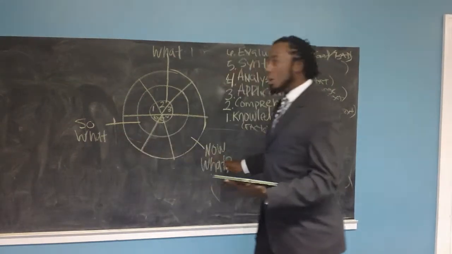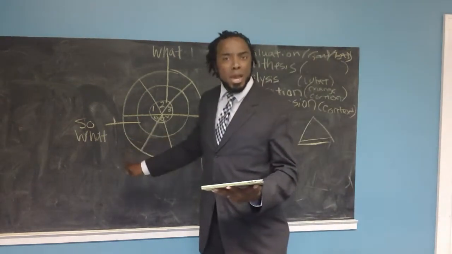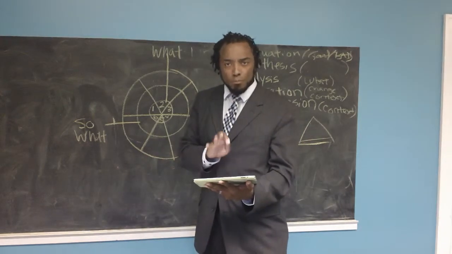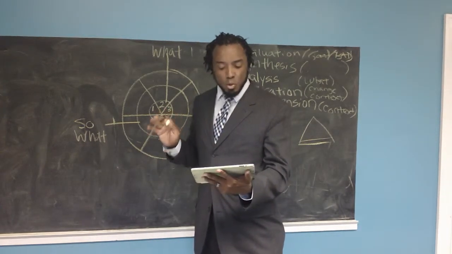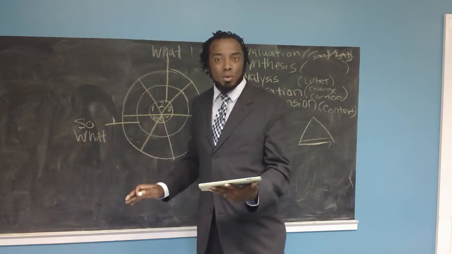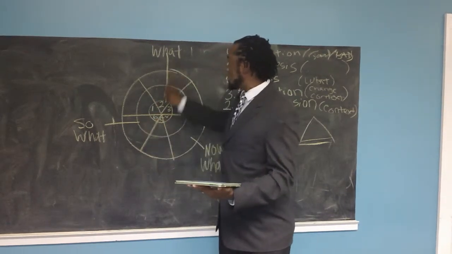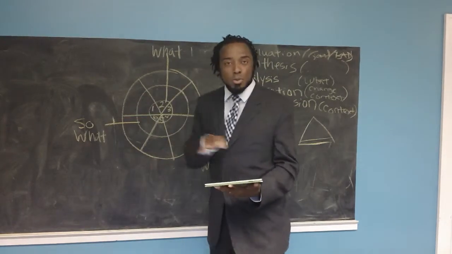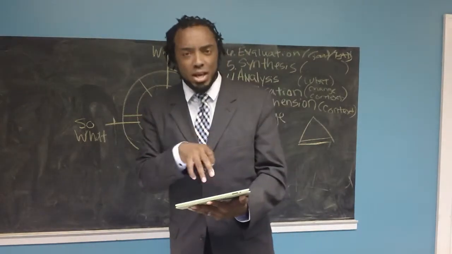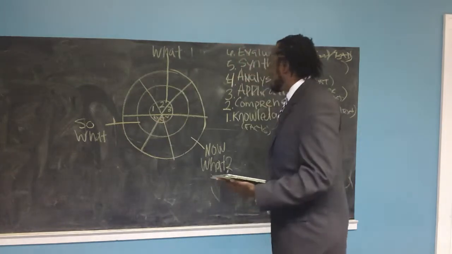So what? Now what? I want you to pay attention to, there's a part in your lesson that is the question and task design wheel. And it's broken up into these 6 sections, and it talks about the what, the so what, and the now what. So I want you to pay attention to that. It's a PDF that's in your lesson.